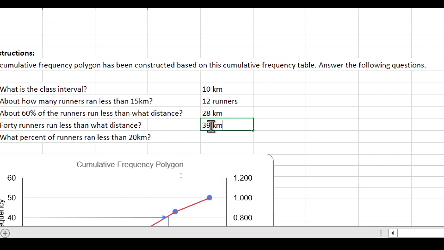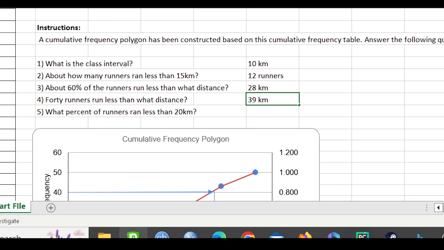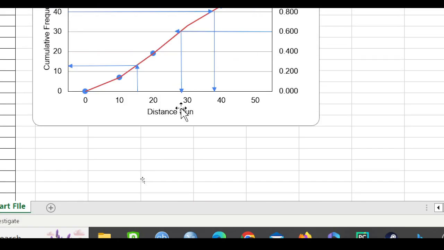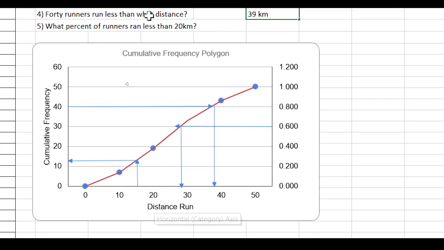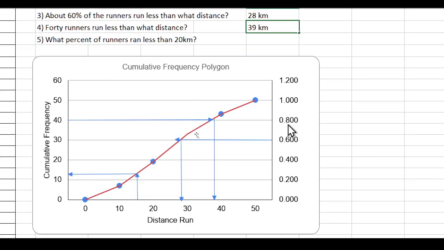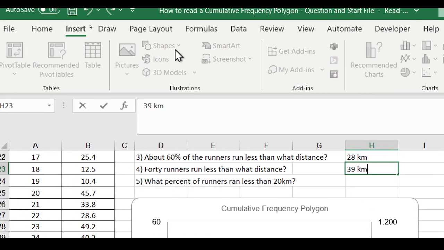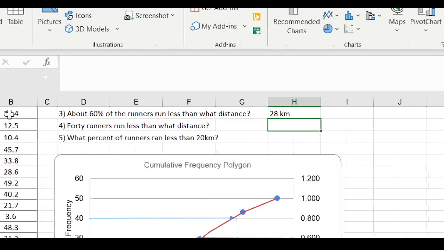And the last question, what percentage of runners run less than 20 kilometers? We're going to go from the x-axis because that's got the kilometers run, and then find the percentage. So I'm going to go to the relative cumulative frequency.